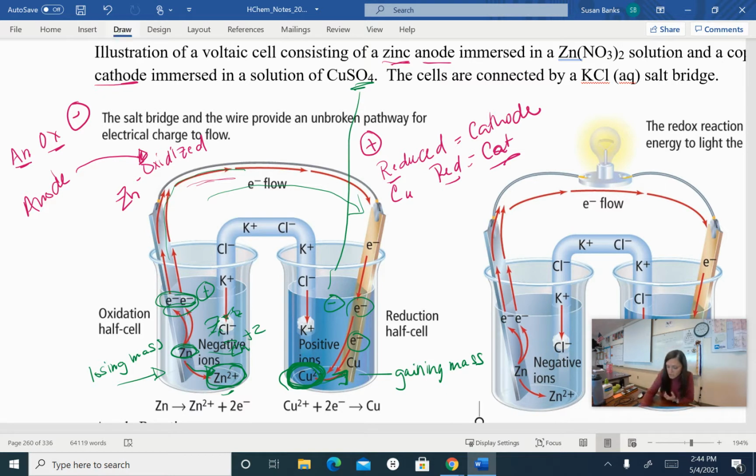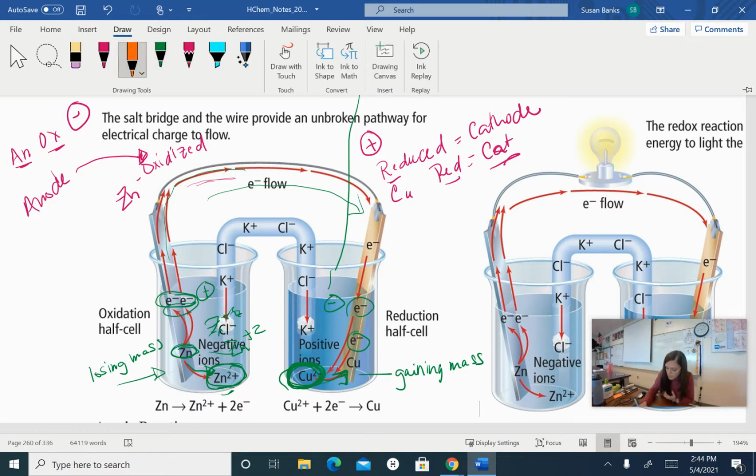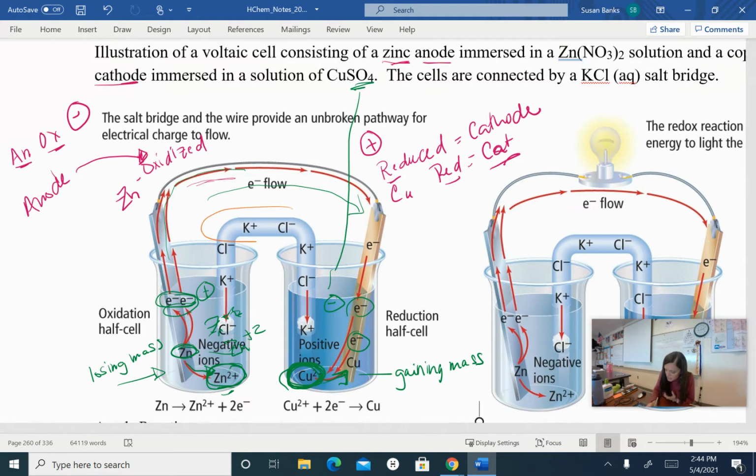So how do we keep it flowing? We keep this flowing by putting in a salt bridge. So this here is the salt bridge. So we have a salt that is dissolved, and it's usually packed into some kind of a gel-like structure so the ions can flow. So this way, we can get the ions that are needed to equal out the charges to flow in the directions.